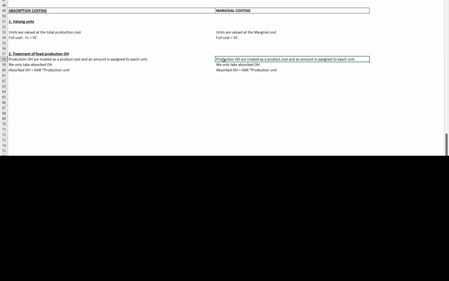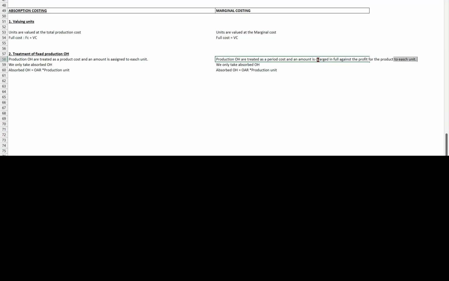Fixed production overheads are not treated as the product cost but as a period cost, and the amount is charged in full against the profit for the period. We will see later on while we are studying the statement of profit or loss in case of marginal costing. It will be more clear.